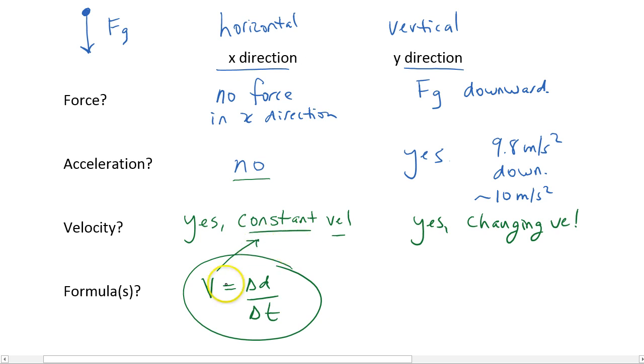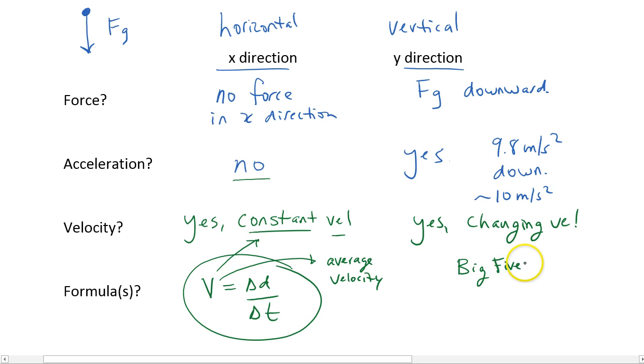It's also good for average velocity. But if velocity is changing and we don't know the average velocity, as is the case in the y direction, then we need our big 5.